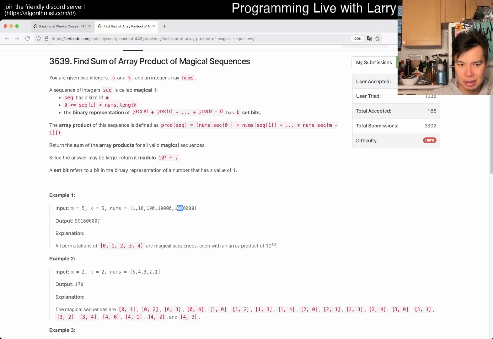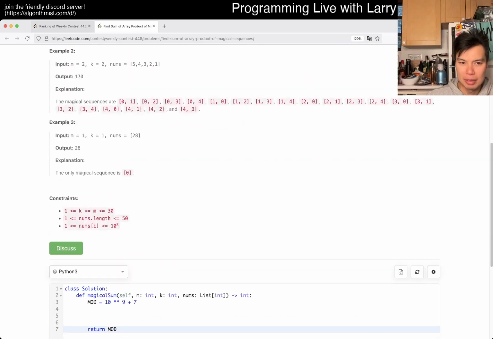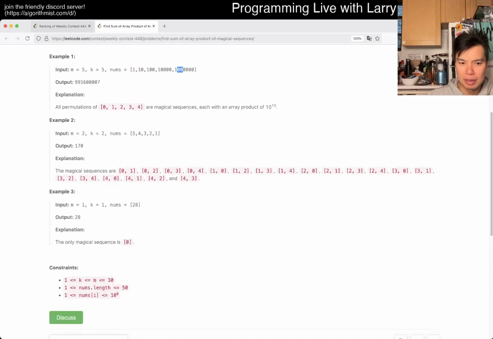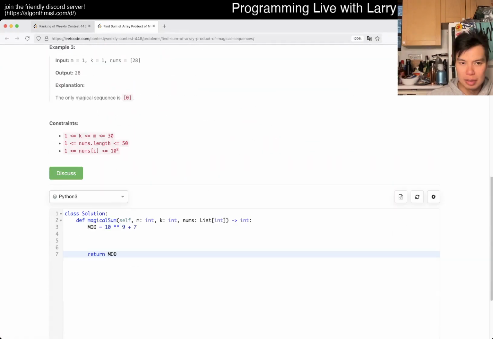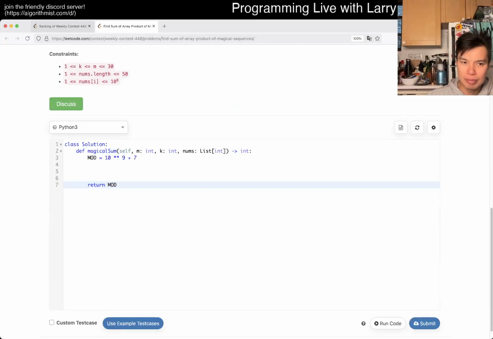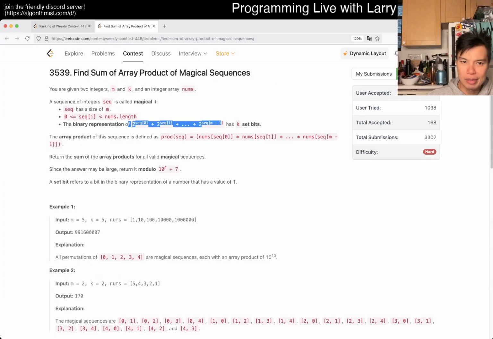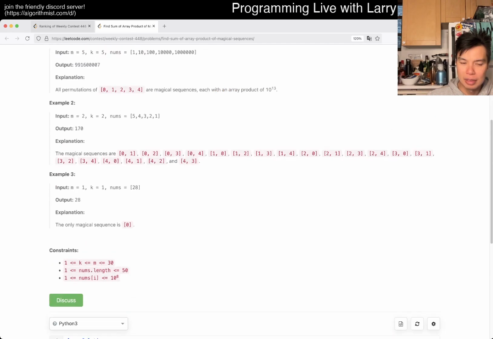Okay. I hate that they don't give you an example about this, to be frank. Like, why would you? I mean, I get it, I guess. So, M, okay, so we have sequence of size M, N is 50.